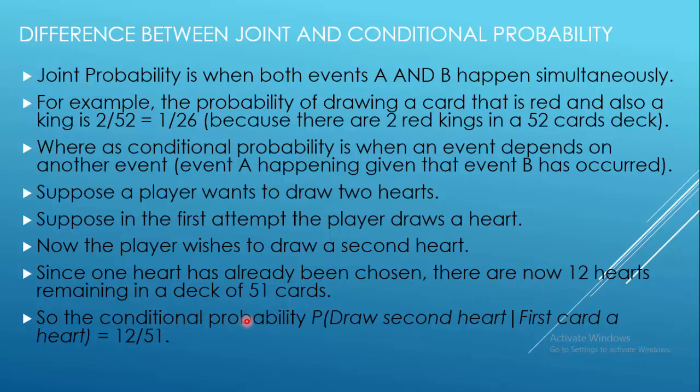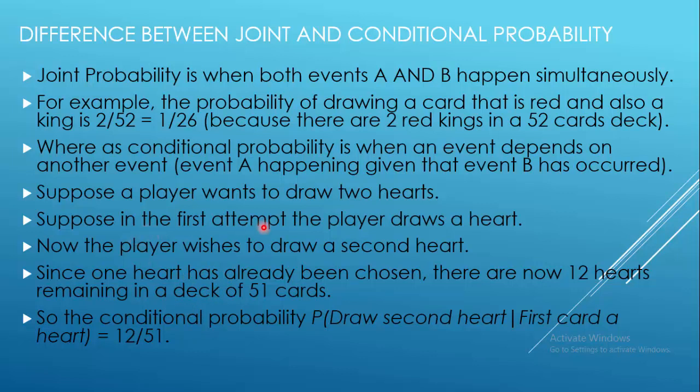So the conditional probability of drawing a second heart given that the first card is a heart is equal to 12 by 51. So in this case, the probability of drawing a heart depends on, and will change according to, the result in the first attempt.